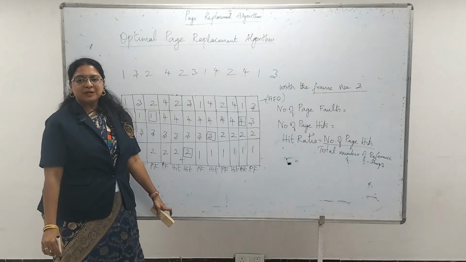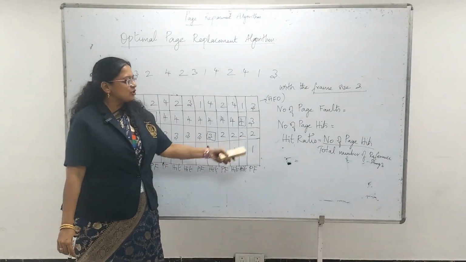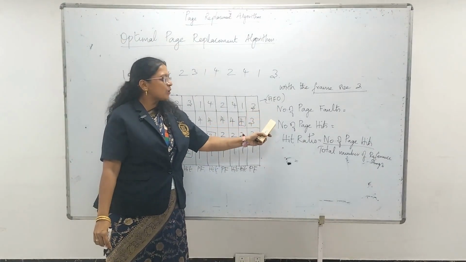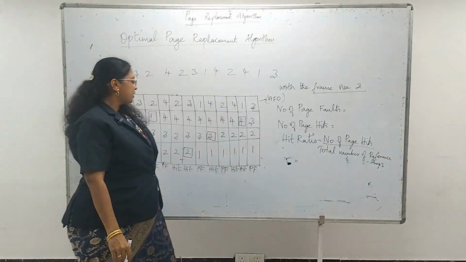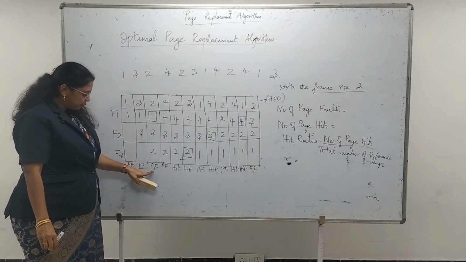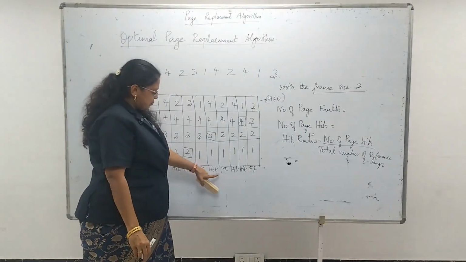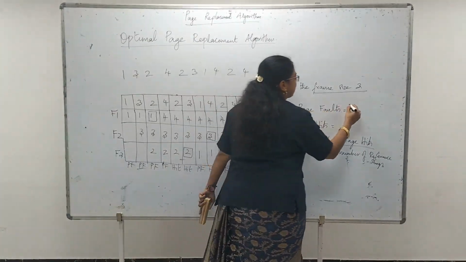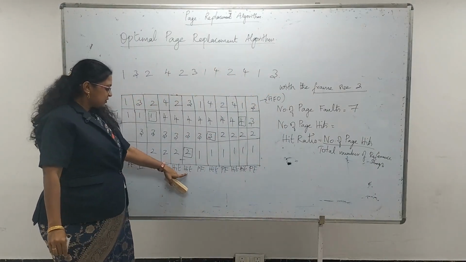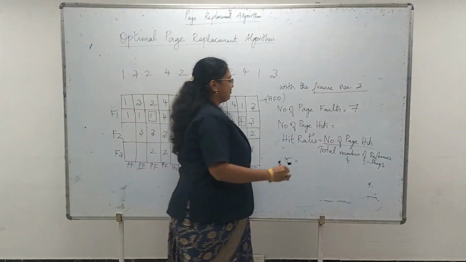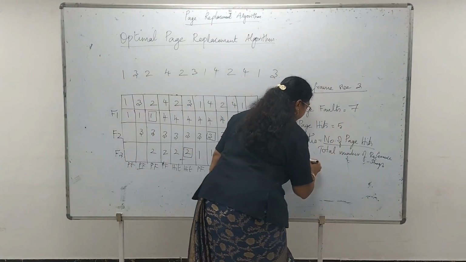Now this is your optimal page replacement algorithm. For this also you need to calculate the number of page faults, number of page hits and then the hit ratio. Number of page faults is 1, 2, 3, 4, 5, 6 and then 7. That is the number of page faults. And then number of page hits is 1, 2, 3, 4 and then 5.